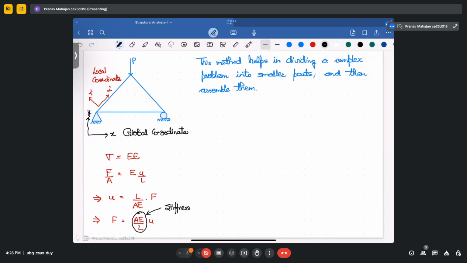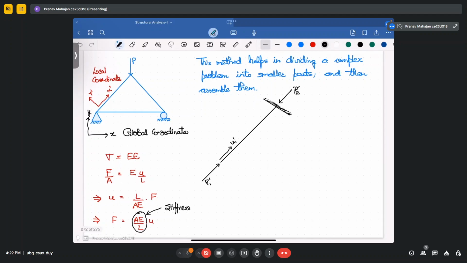Okay. So now let's move to this problem. In the truss problem, if you divide it into three parts, suppose I am taking the left part of the problem. In that, you will make one end fixed and one end free and apply the loading. If you apply the load along the axis of the member, then your P will be P1 dash. Due to P1 dash, a reaction will be developed that will be P2 dash, and this will be along your local coordinate.